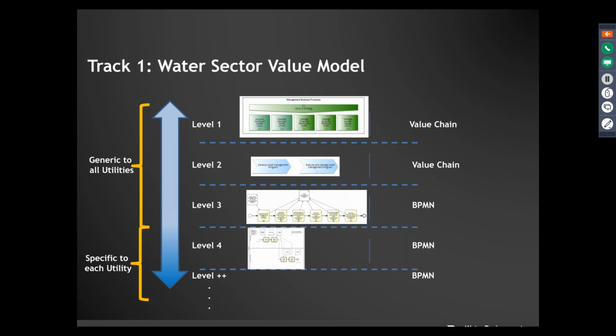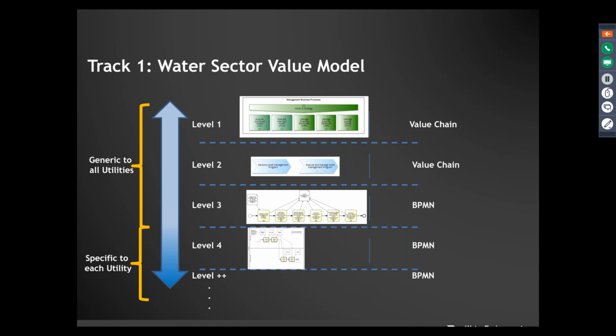Track 1 really has to do with focus on business process modeling, and we will continue to build the business process models, each utility independently on track 1. The business processes and areas that they have identified to be a priority for their utility. These efforts are in addition to the track 2 efforts, where the topics of common interest are selected by a vote of all the utility partners.